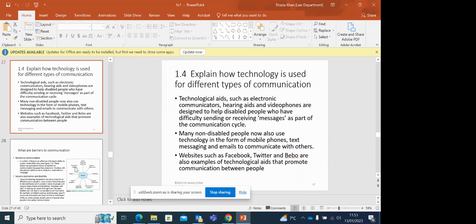Many non-disabled people now also use technology in the form of mobile phones, text messages and emails to communicate with others. Websites such as Facebook, Twitter, and Bebo are also examples of technological aids that promote communication between people.